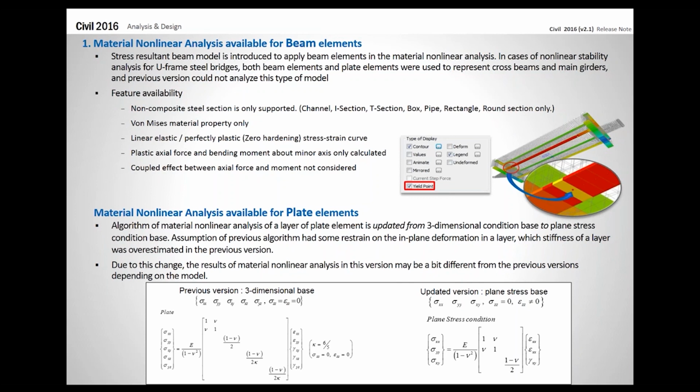We fixed this, so we updated the analysis approach from three-dimensional condition base, shown on the left, to plane stress condition base, shown on the right, and it correctly accounts for in-plane deformation in the layer of plate elements, and the results should be more realistic. The bottom figures represent the calculation matrix of each application.